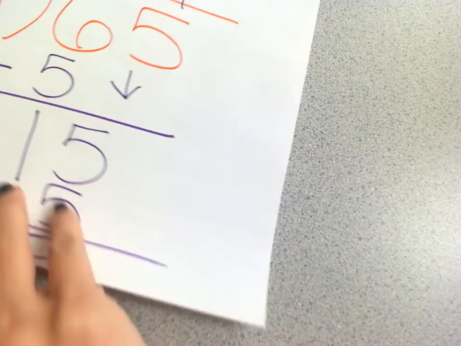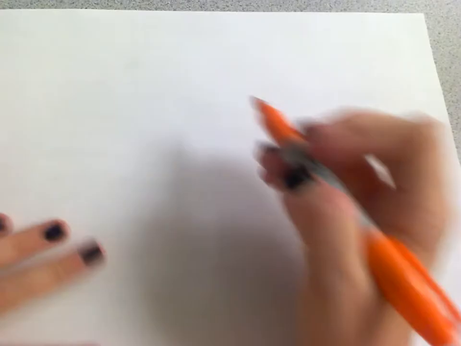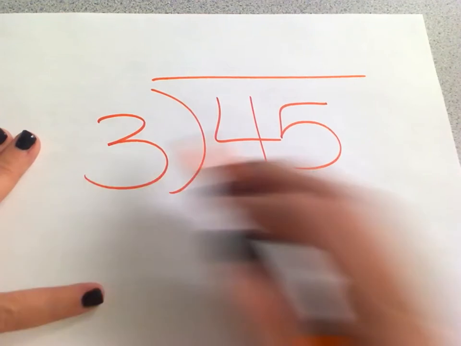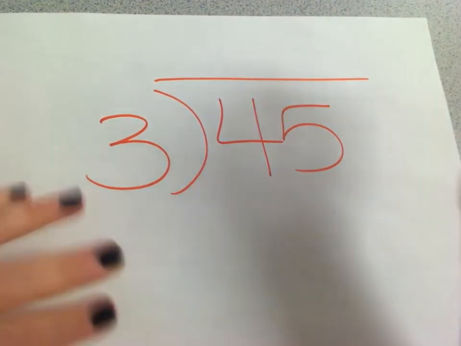Okay, and then the next problem, number 2, guided practice, page 170. We have 45 divided by 3. Let's write our acronym at the top.